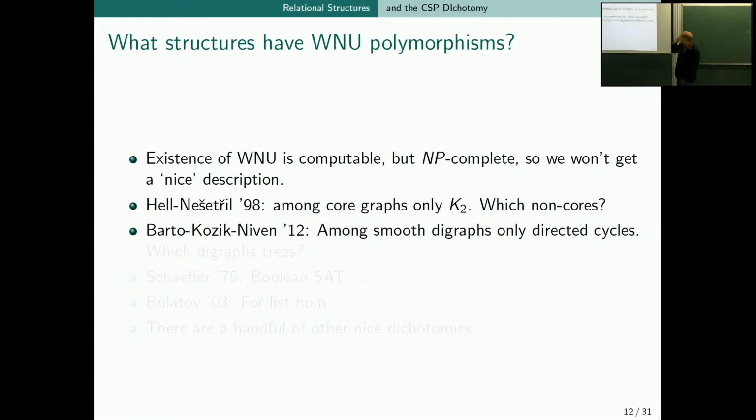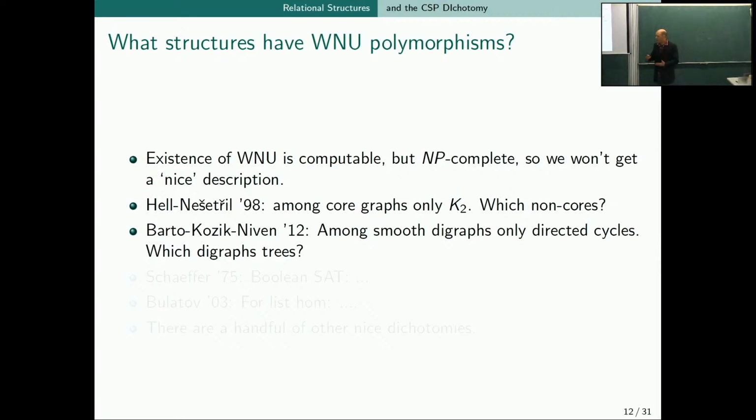For digraphs, we know for smooth digraphs, so these are digraphs that don't have any sinks or sources, that such a digraph has a WNU if and only if it retracts to a directed cycle, sorry. Otherwise, it's NP-complete. So for digraphs, we don't even know for the trees. We don't have a characterization of which digraph trees have WNU.